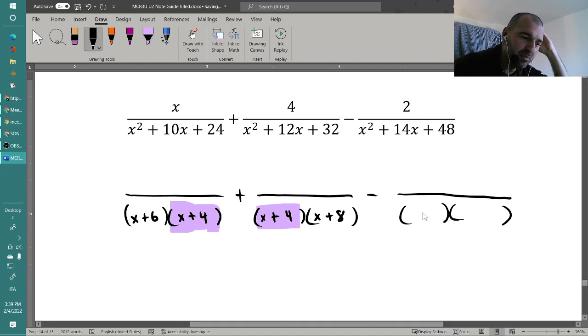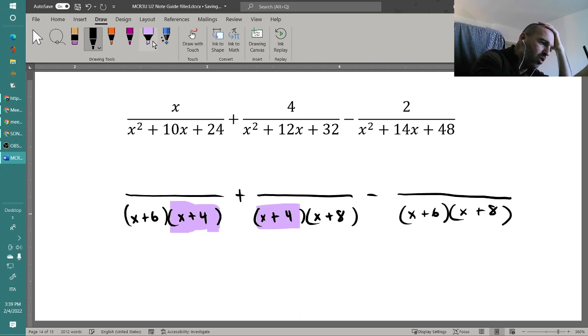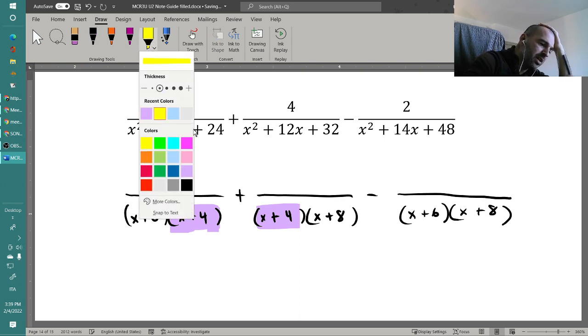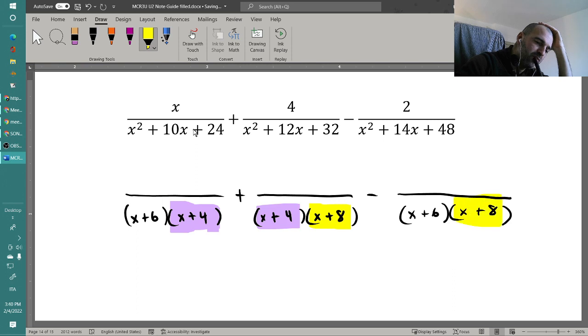I'll factor the others, and I bet this is going to be a 6 and an 8. The reason being is because, look, this is x plus 6 over here. This is x plus 8 over here. And so I'm going to multiply those through. And look, 6 times 8 is 48. Look at this. It's always the same pattern. Why does this textbook do this for us?